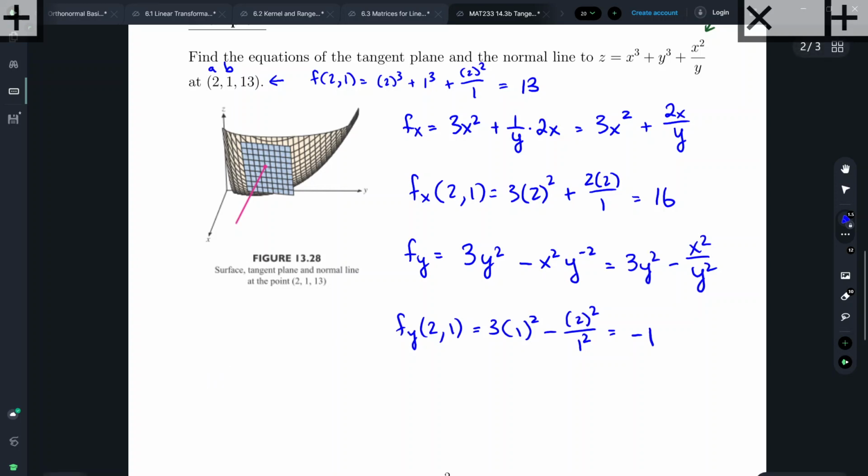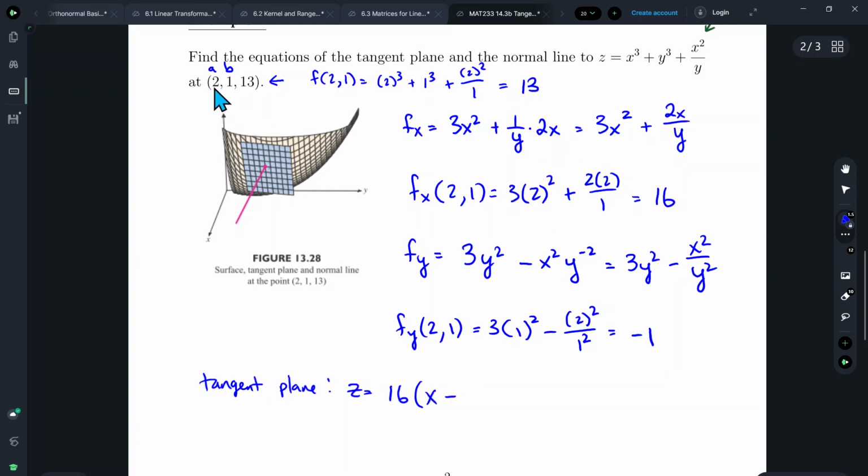So we want the tangent plane first. Right, so z equals, so the coefficient of x is the partial with respect to x, which we calculated to be 16. And then this should be times x minus the x coordinate, which is 2.